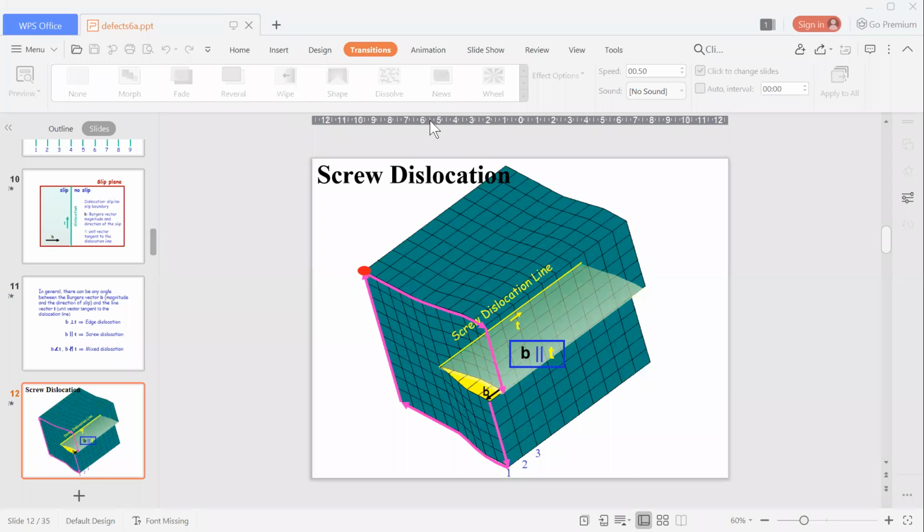You have to count from this. This is 1, this is 2, 3, 4, 5, 6, 7, 8, 9, and 10. So we have moved 10 steps from left to right, then I reach on the front surface.